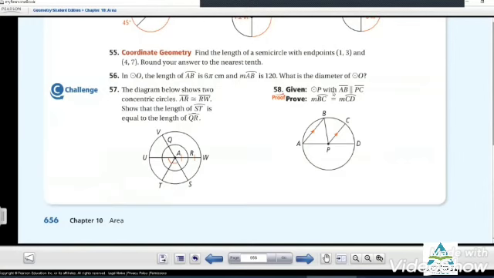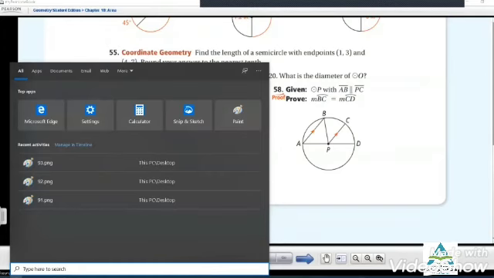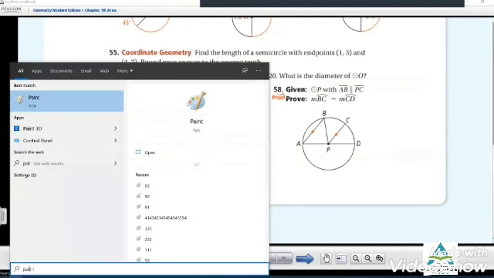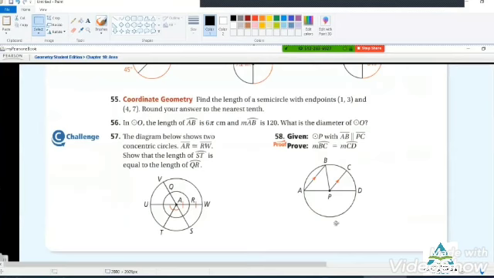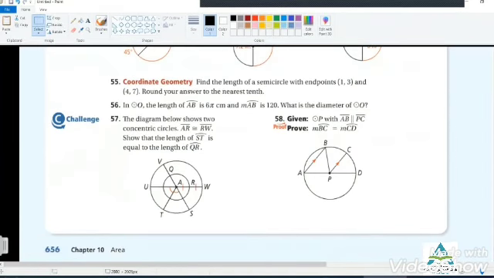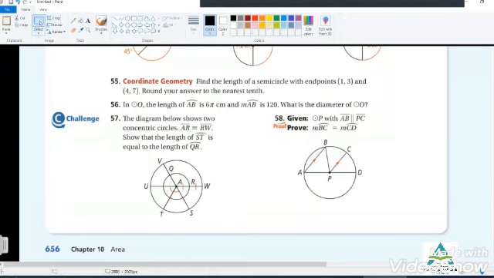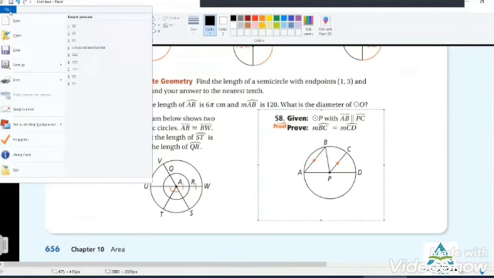Wait. Okay, I'm waiting. Let me take a snapshot. You think about it, and I'm going to take a snapshot of it. It's alternate... Tell me how. Prove it. Corresponding.